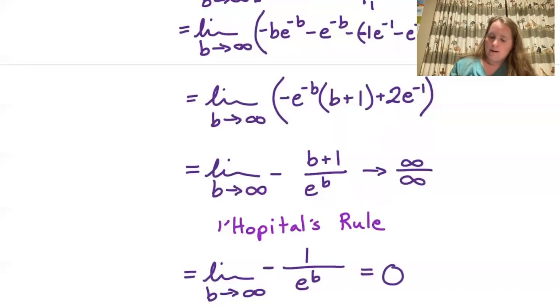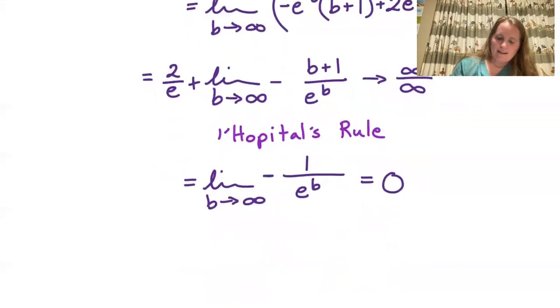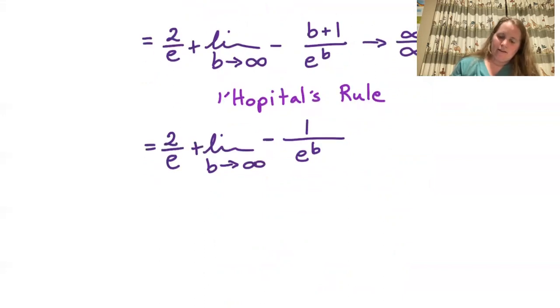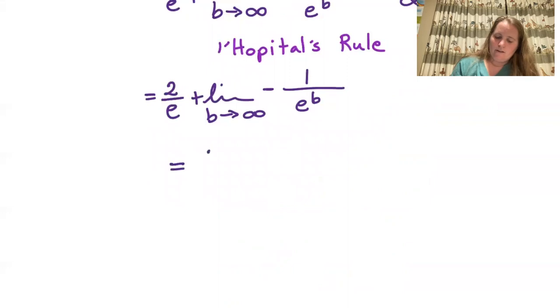And then we will also have a 2 over e out front. Now, I apologize for that. I missed a sign and that definitely messed things up. So we have 2 over e plus that limit, and we wind up getting our final answer is therefore 2 over e for the integral.